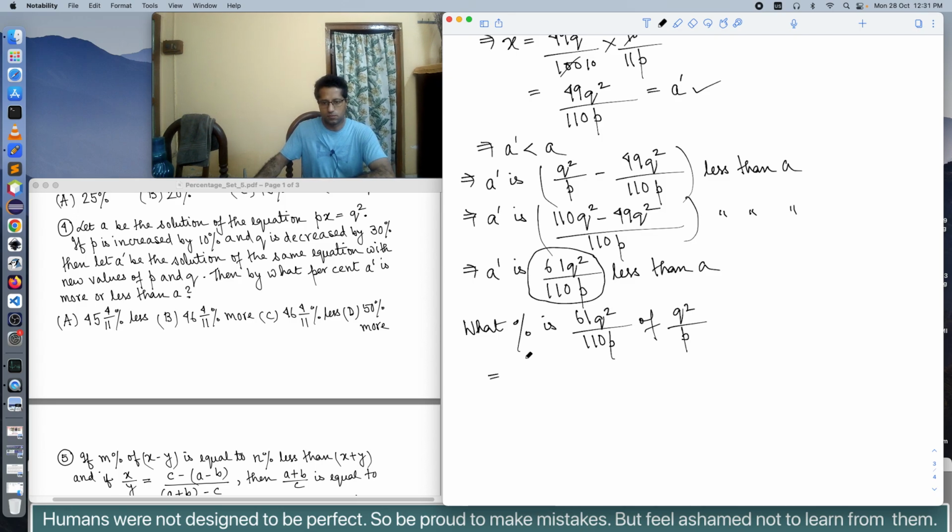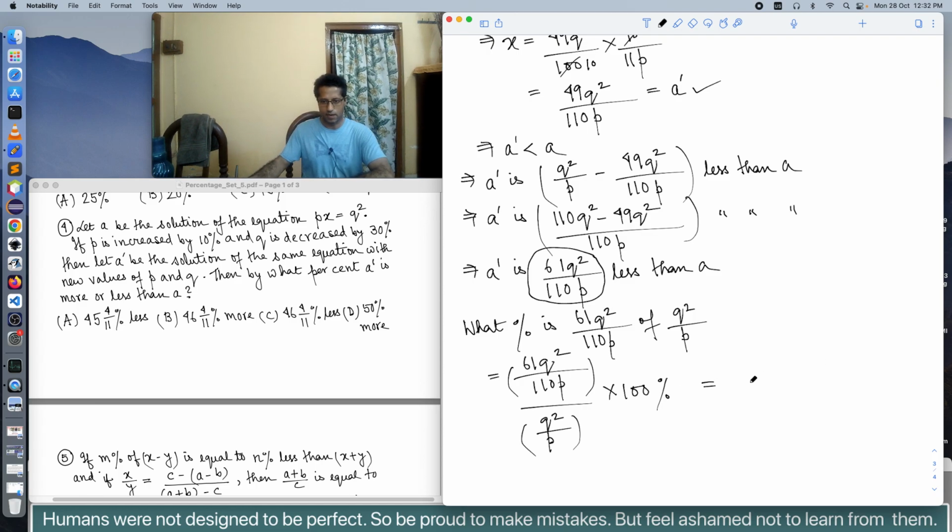This is equal to 61 q square by 110 p, this whole divided by q square by p, multiplied by 100 percent.